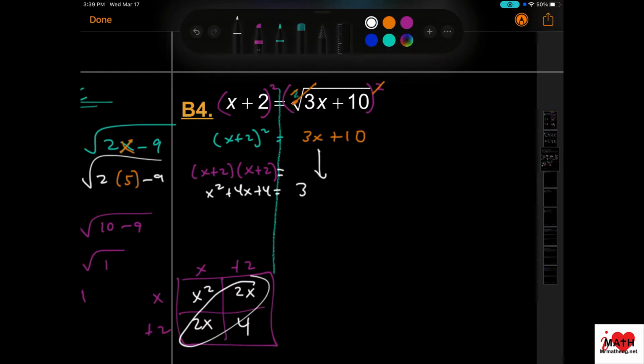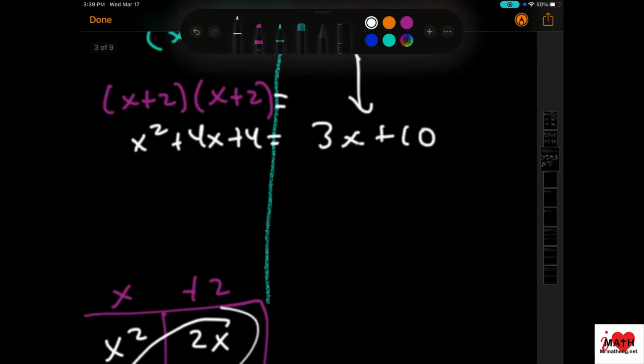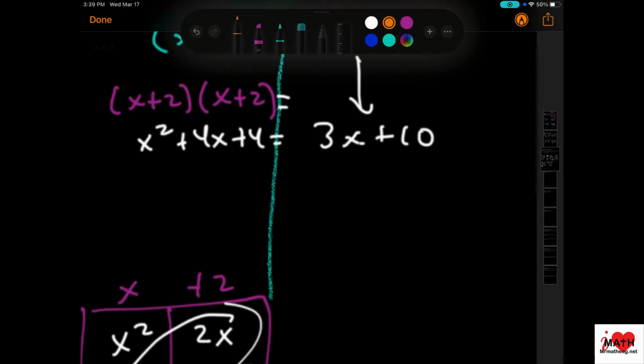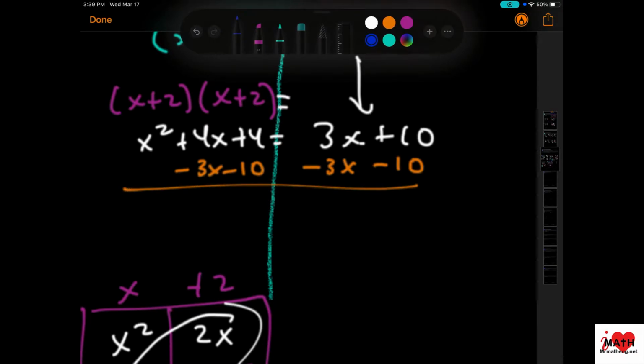And that's the same thing, right? So 3x plus 10. All right, let's move all of the right side to the left side. So subtract 3x and subtract 10. This will give us x squared plus 1x minus 6 equals 0.